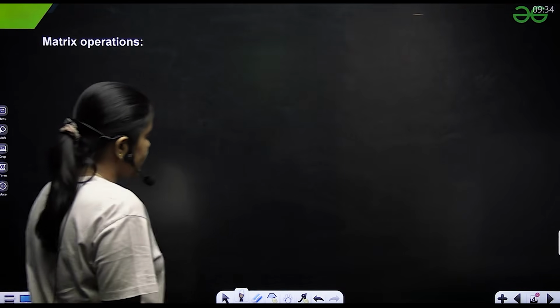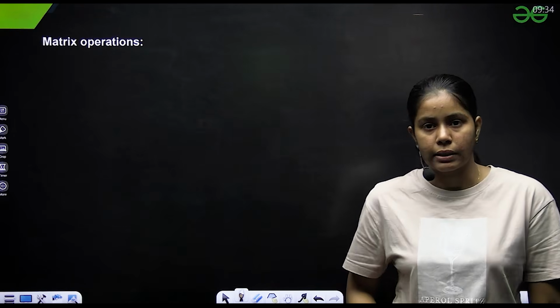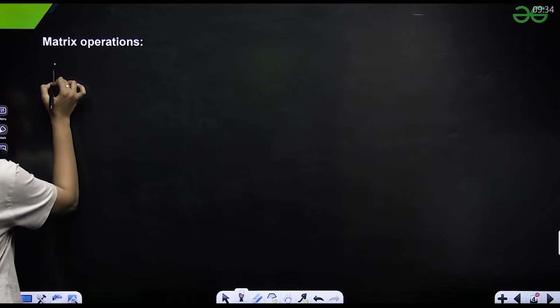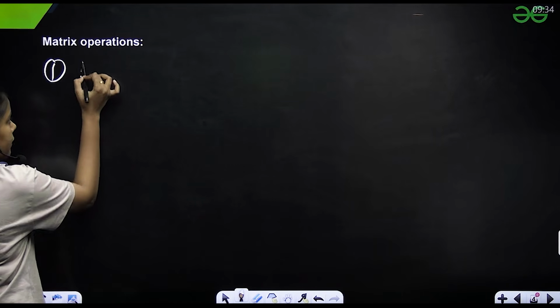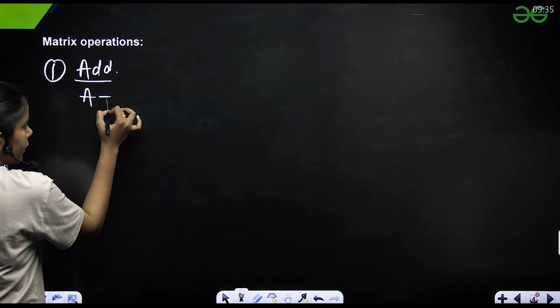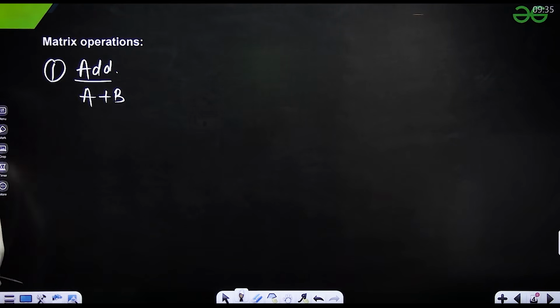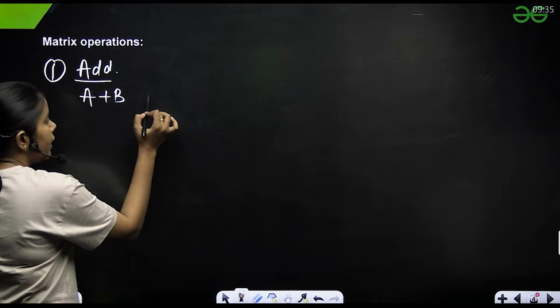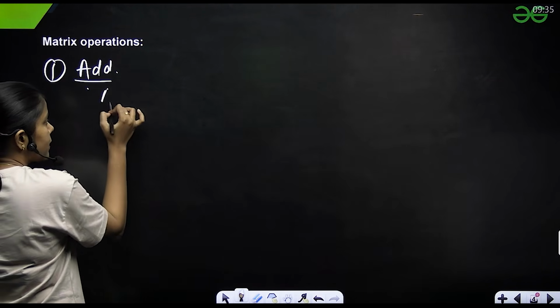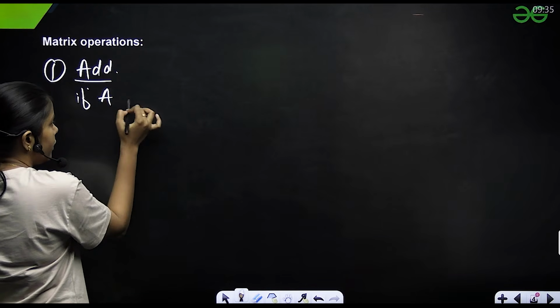The next topic is matrix operations. What are matrix operations? The first one is addition. I can add any 2 matrices, A plus B. The only condition required is that A and B have the same order.